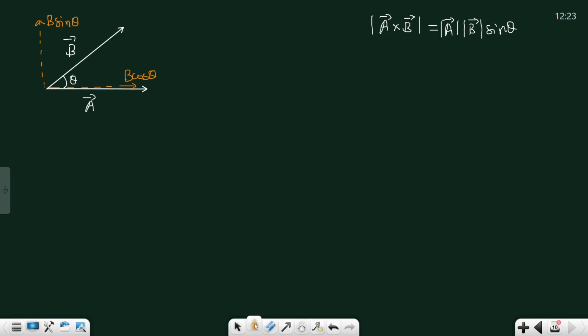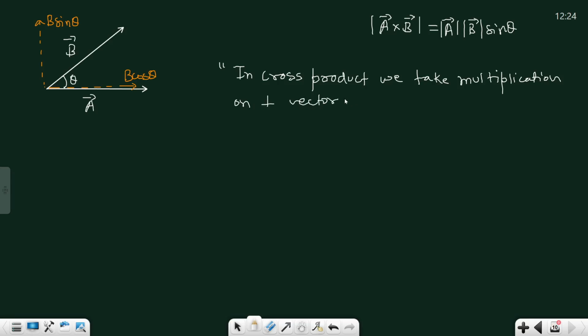So in cross product, we take multiplication of perpendicular vectors, component.